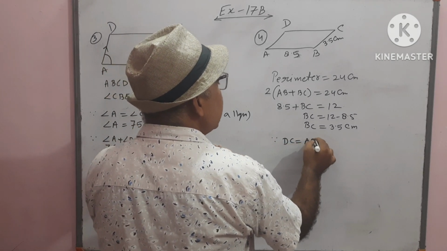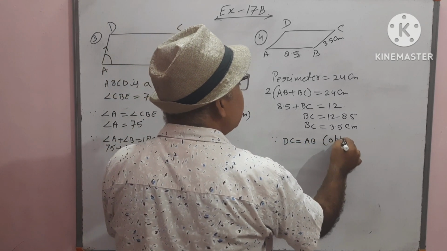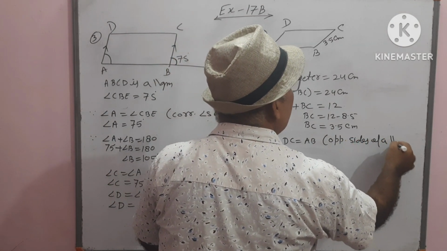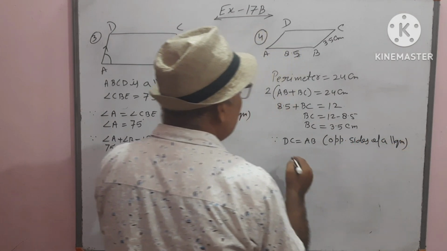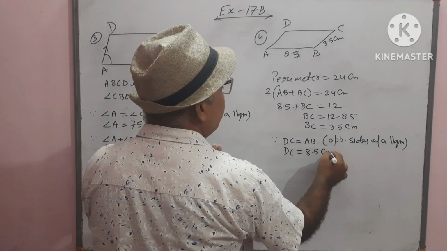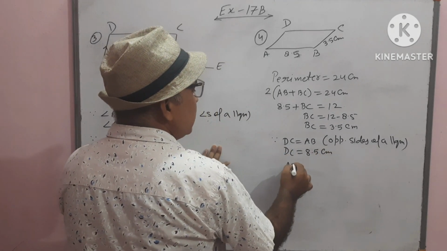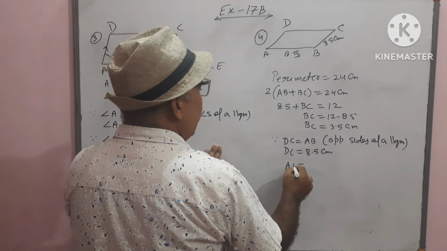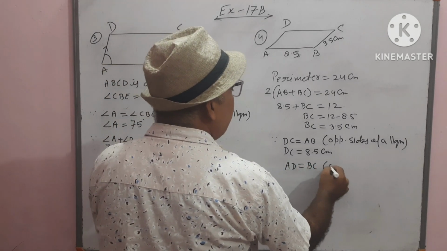Remaining two sides, look here. DC is equal to AB. Why are these equal? Opposite sides of a parallelogram. That means DC is also 8.5 centimeters. Similarly, AD is equal to BC. Why?